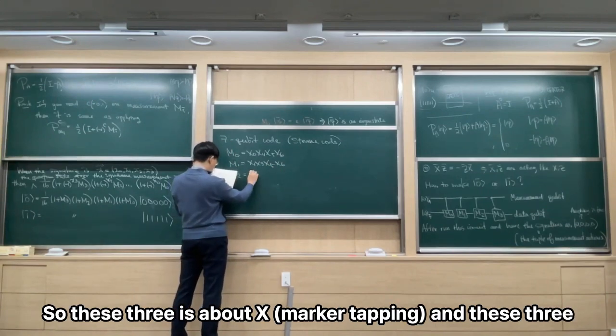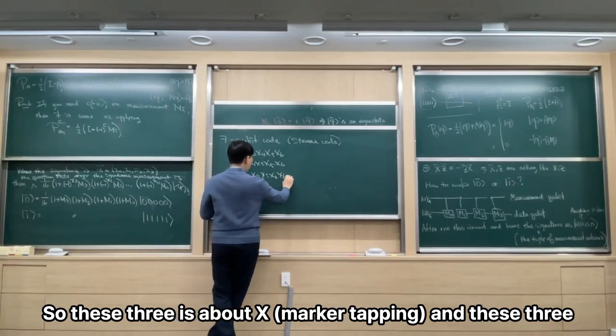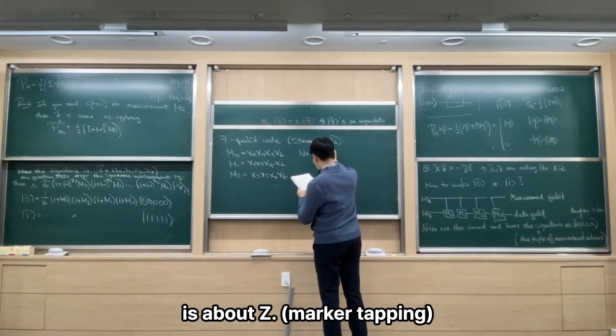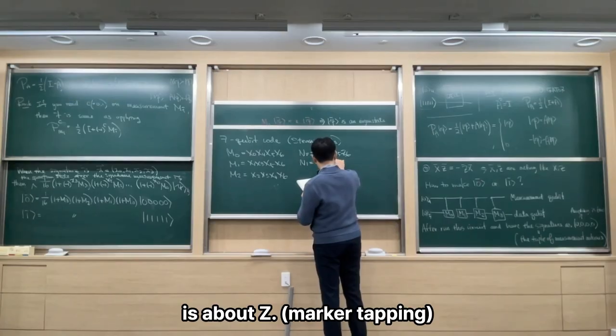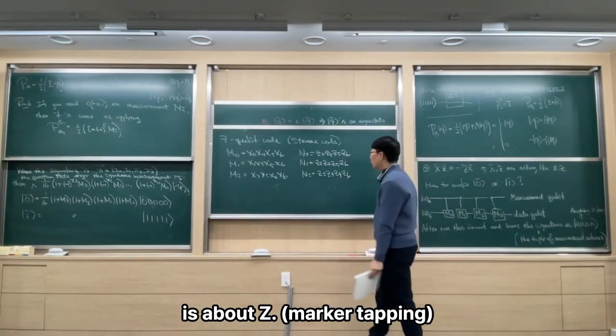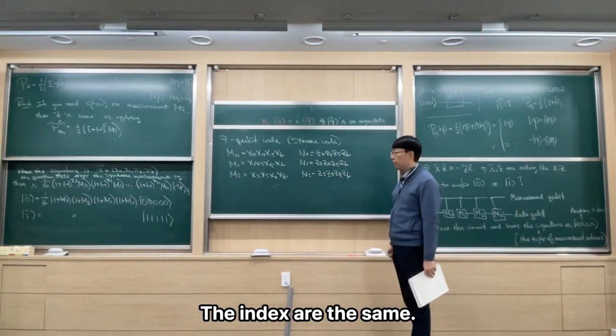These 3 are about X, and these 3 are about Z. So you can see they are kind of twins of each other, right? The indices are the same.